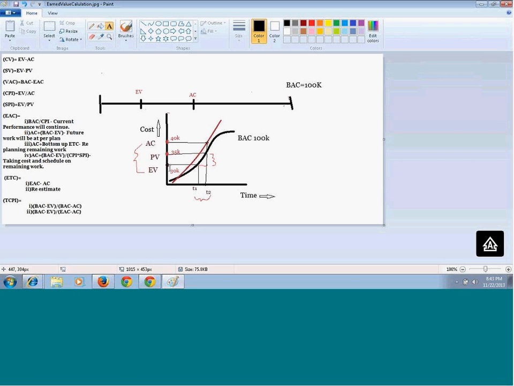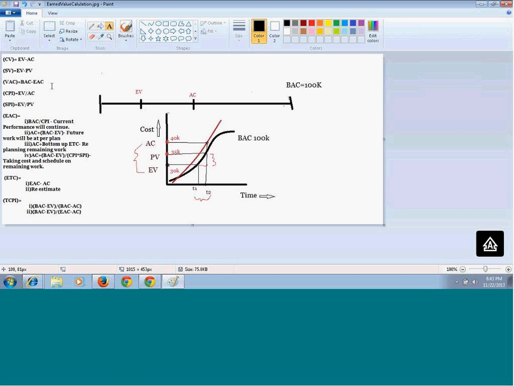Let's say you actually completed 30K of work at time T2, but you were supposed to complete it at time T1. At time T2, your planned value was 35K of work. So what is your schedule variance? It will be your earned value, the amount of work you actually completed, minus the planned value. That planned value is the amount you planned in your project management plan, that is 35K. So your schedule variance will be 30K minus 35K, that is minus 5K.